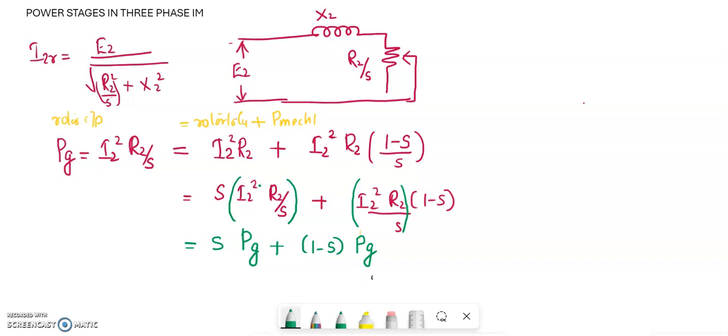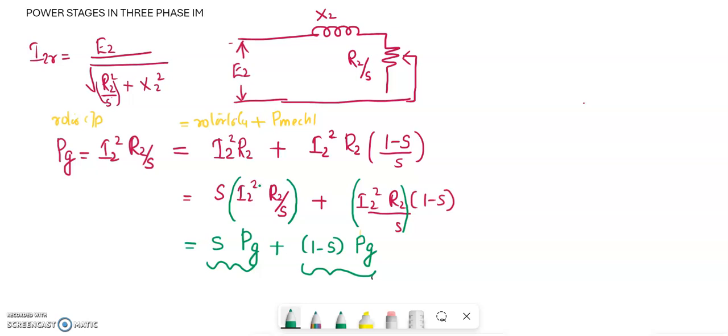So it is clear that the rotor copper loss, or rotor ohmic loss, is equal to S into PG, and the mechanical power is equal to (1 minus S) into PG.